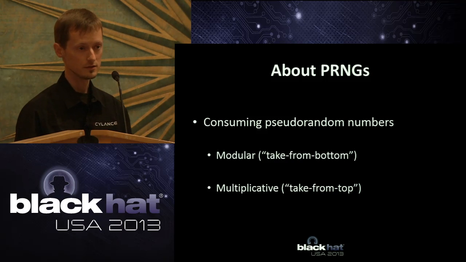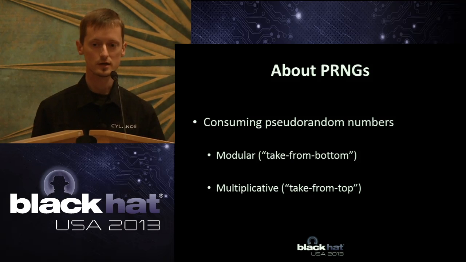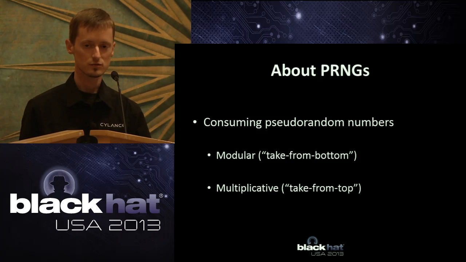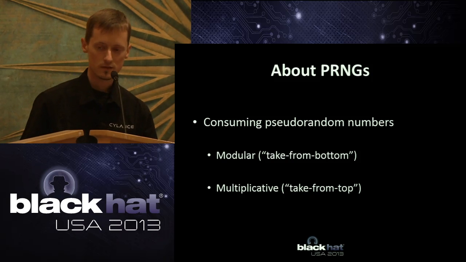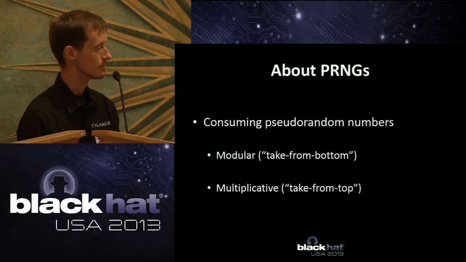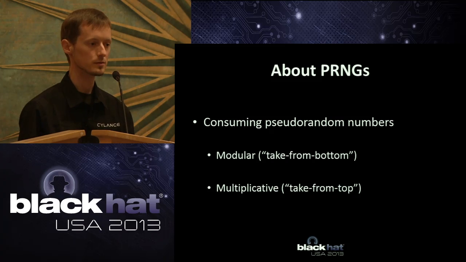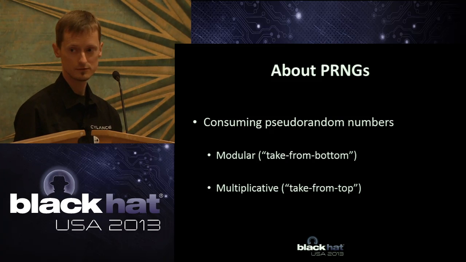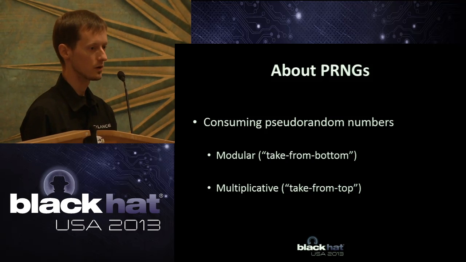It might be explicit using, of course, percent or bitwise and, or it might be implicit due to, say, integer truncation, like say it's cast to a byte. Well, that's an implicit modulo 256. The other mode would be this multiplicative mode, and usually what happens here is that the number that comes out is normalized. It becomes a float from 0 inclusive to 1 exclusive, and then that number is going to be multiplied by whatever the application wants to expand that into the desired range.